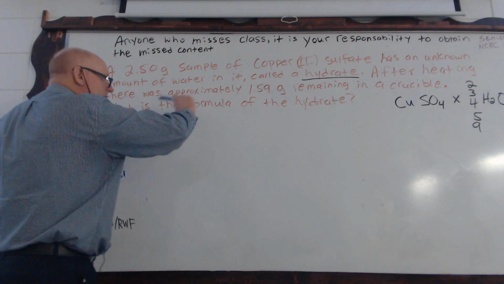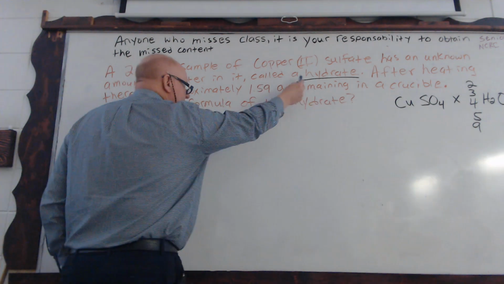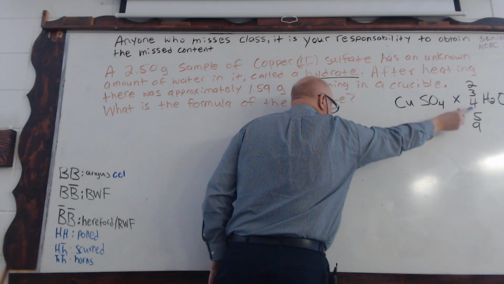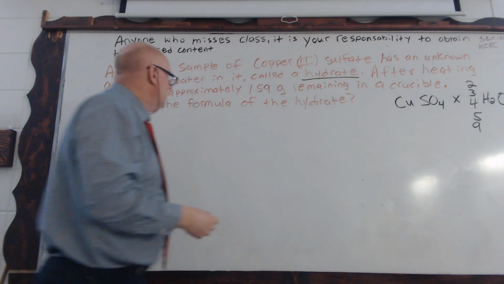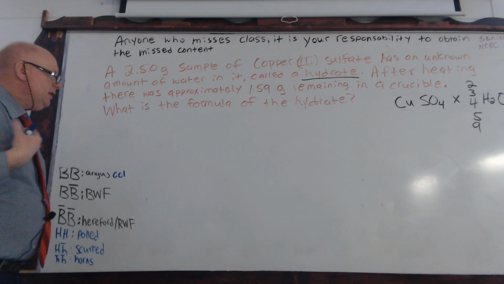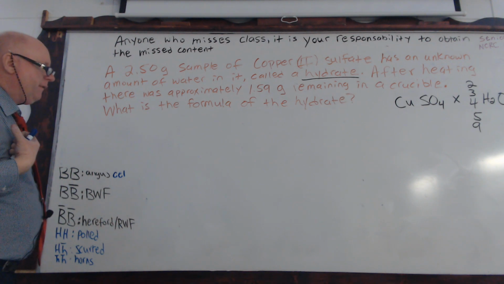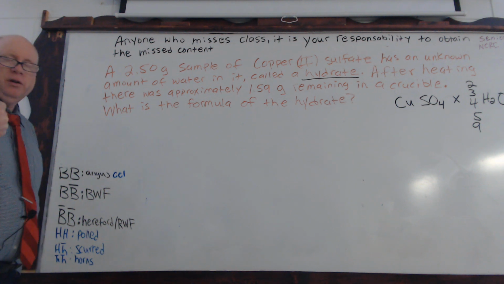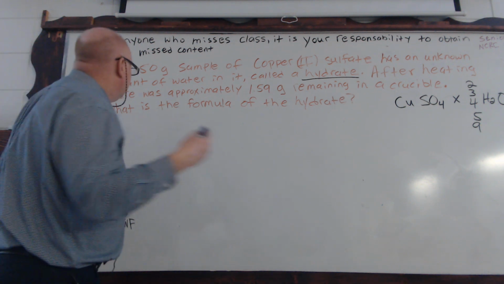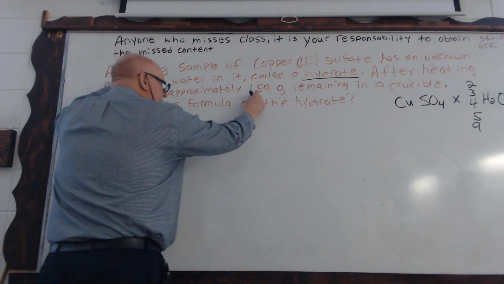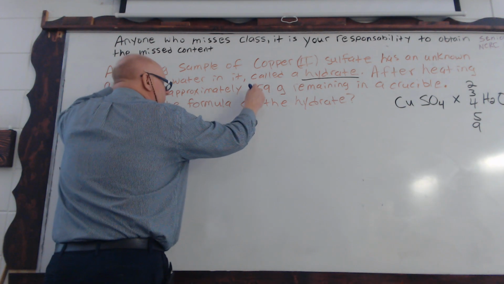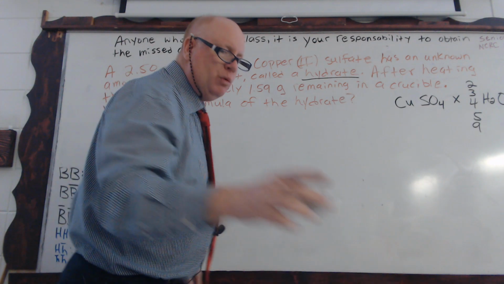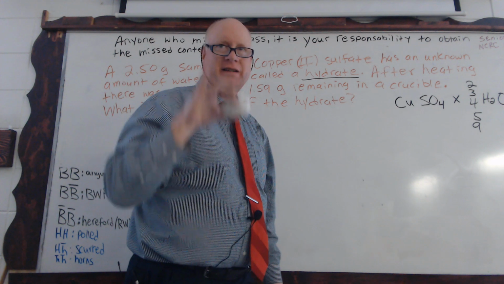We heated it up after a certain amount of time, this hydrate that has all of these components in here. Again, we don't know which one. And then after this, there's about 1.59 grams remaining in the crucible. So our main idea is, why would these two numbers be different? We must be removing something from within this crucible. It's something that you just said.